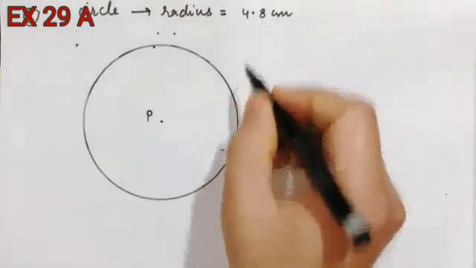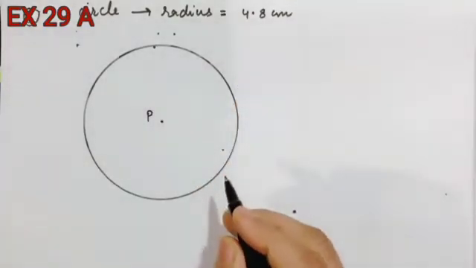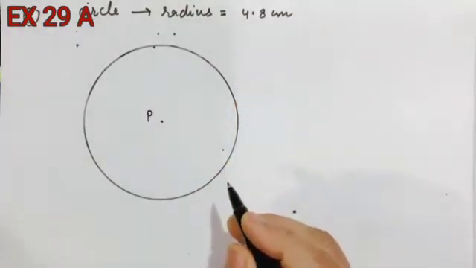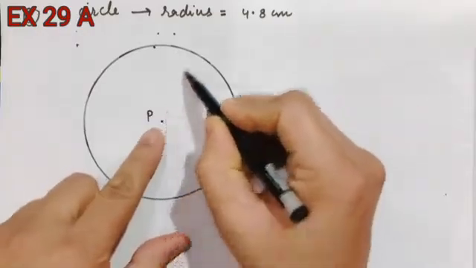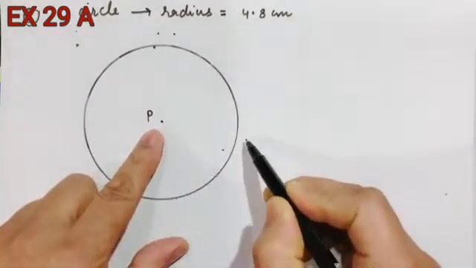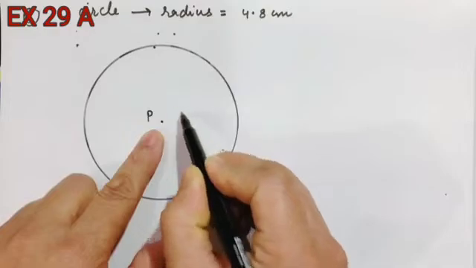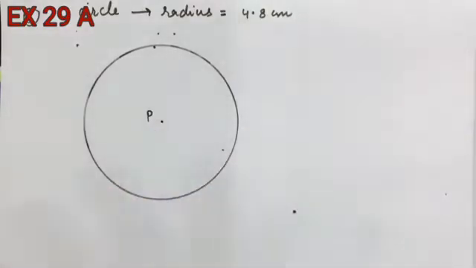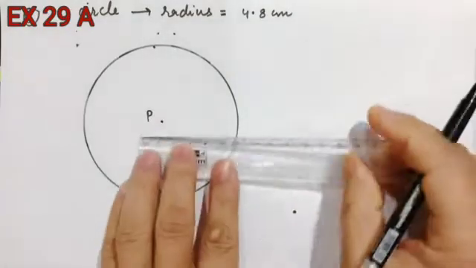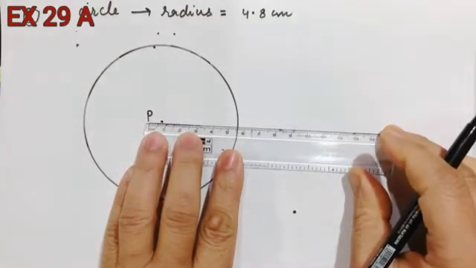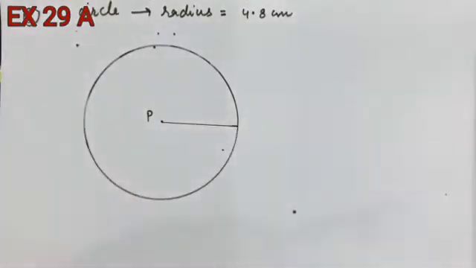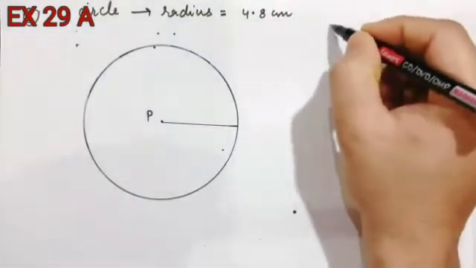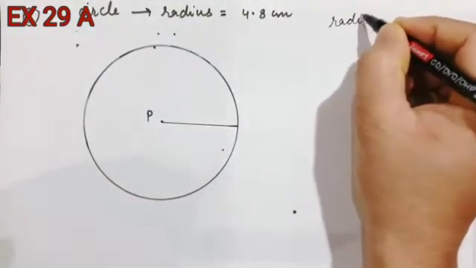The radius is 4.8 centimeter. Draw radii PA and PB such that angle APB is equal to 45 degree. Okay, it means we have to draw PA and PB such that the angle between them is equal to 45 degree. So no problem. Let me first draw the radii. This is one of my radius. Look, here it is written RADII, radii.